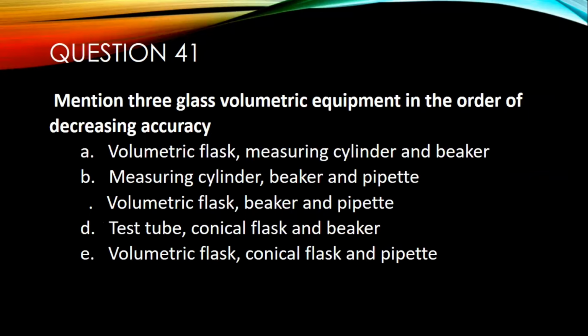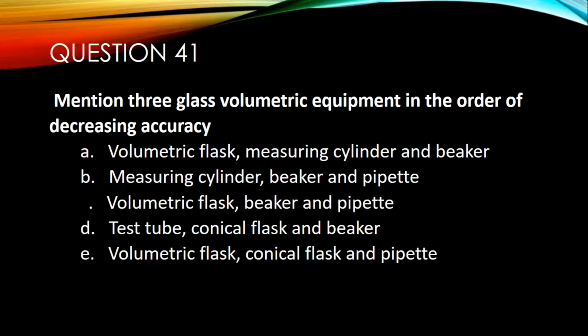So the last but not the least question, mention 3 glass volumetric equipment in the order of decreasing accuracy. A, volumetric flask, measuring cylinder and beaker. B, measuring cylinder, beaker, and pipette.